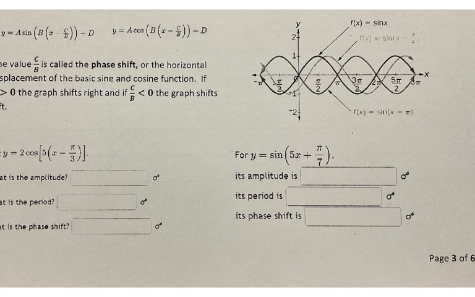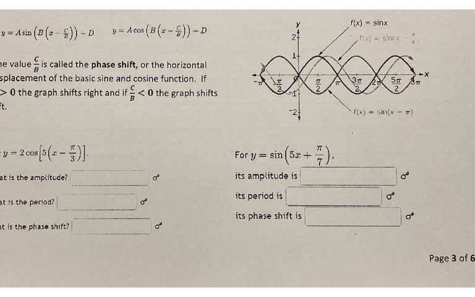Where here, this one is not factored out. So, what's important for me to tell you is, on this one, I cannot find the phase shift until I factor the 5 out. Okay? So, this one, the phase shift is not negative pi plus 7. This is the form we like to see. This one is better for us.